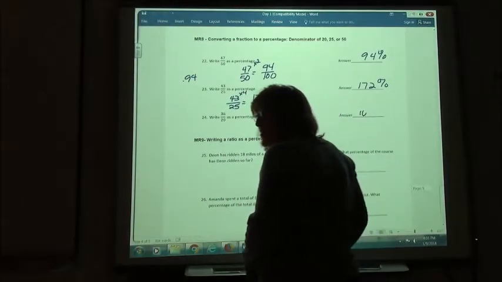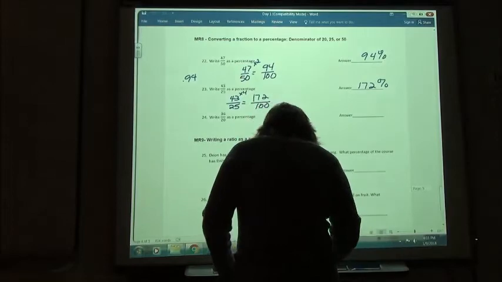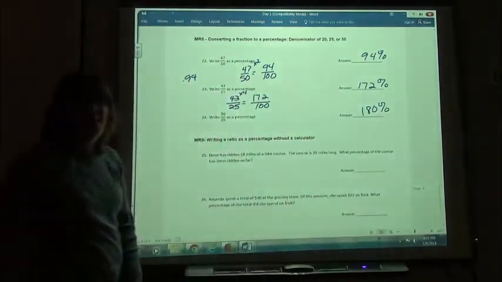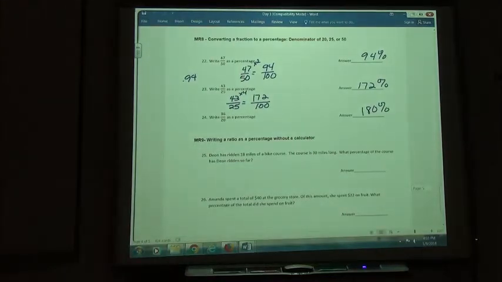Okay, I thought maybe I did it wrong, so I was doing it in my head. Okay, 180. That's what I got. 180%. Did everybody else get that? Yep, I see a few nods. All righty.